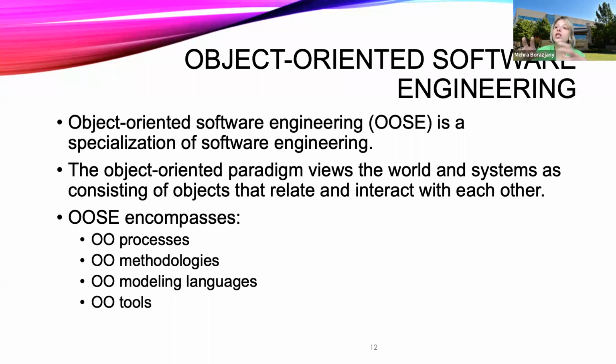But there are some core principles, I have to say, or core design principles, that are very important in object-oriented. So what we're going to do today is talk about some of those very basic main principles that you have to follow.